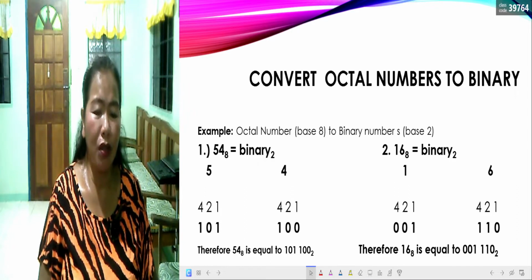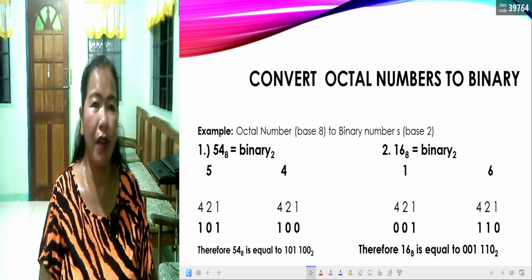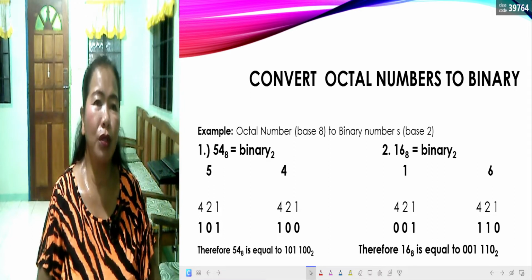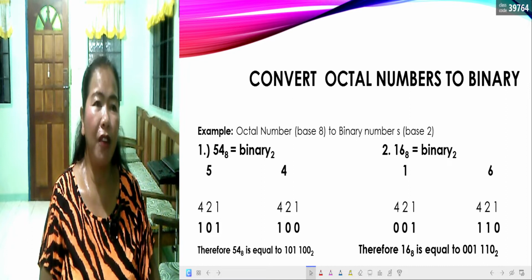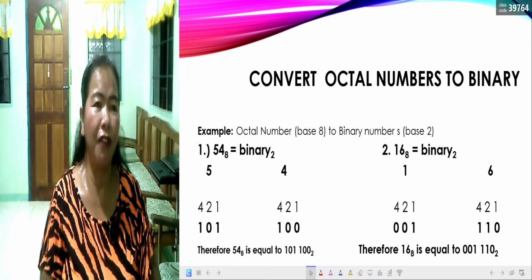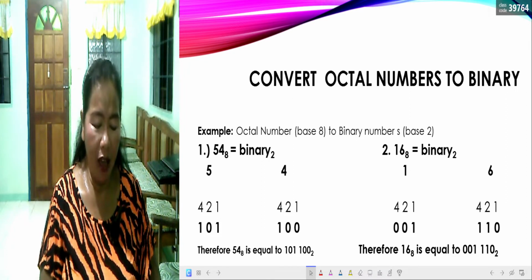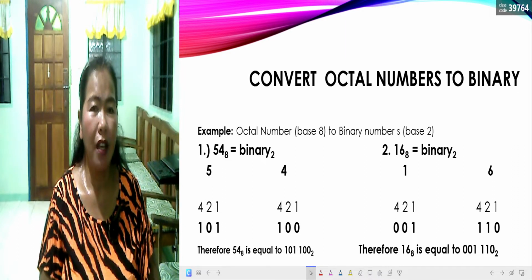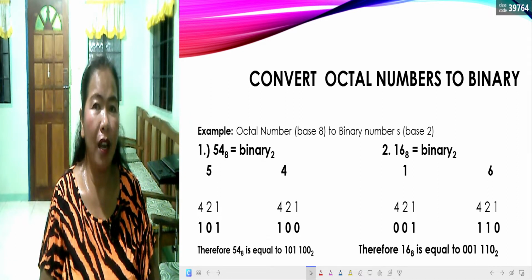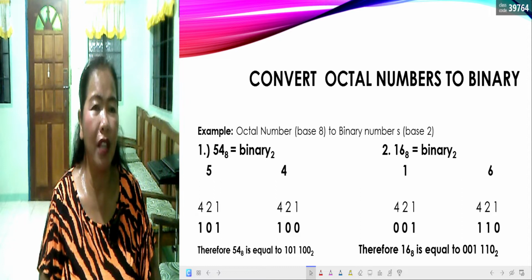Let us take into consideration that octal numbers range from 0 to 7 and it has a base of 8. So in the first example, we have here 54. If the conversion is octal to binary, you should always mind that there is no digit 8 under the octal number system because octal is only from 0 to 7.